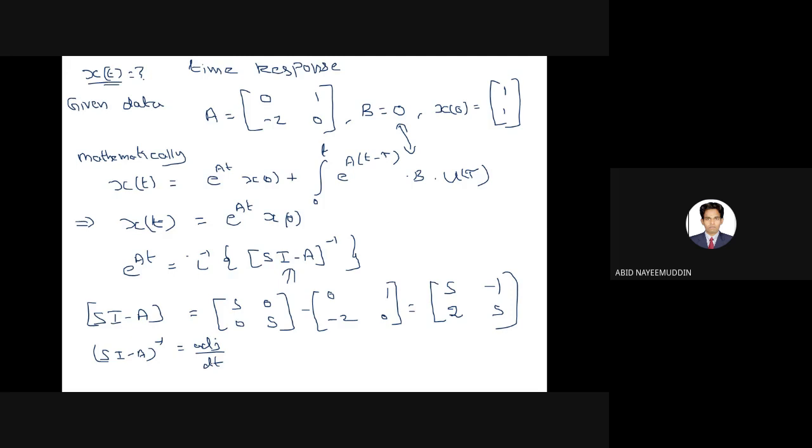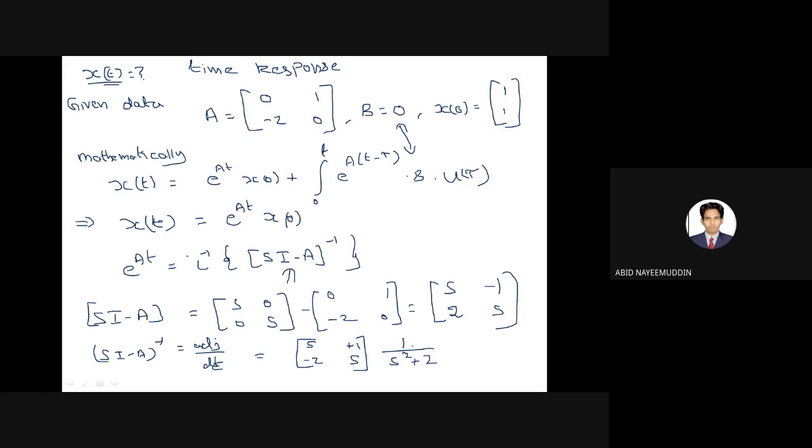Now if you do that, the adjoint of that particular matrix is, with simple mathematics, [s, plus 1; minus 2, s]. And the determinant: 1 divided by, if you cross multiply these two, you will get s square plus 2 as the determinant value.